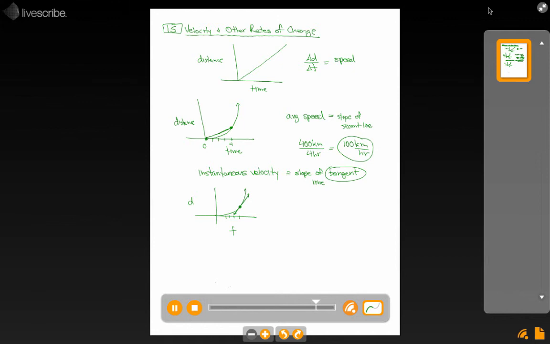And that would basically be the equivalent of clicking a radar gun and saying, how fast are you going right now? If you take that snapshot of that instantaneous velocity, it's the slope of this tangent line.